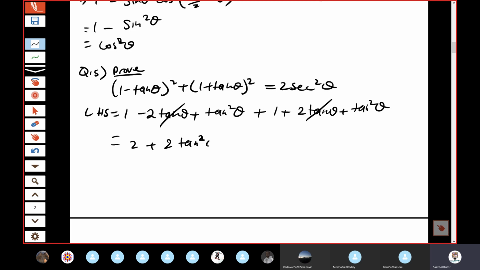Now, if you have memorized your relationship between sec and tan, that would have been great because you're only one line away. If you haven't memorized, not to fear, let's do it the longer way. Two plus two, tan is sine squared on cos squared, multiplied by cos squared, so common denominator.